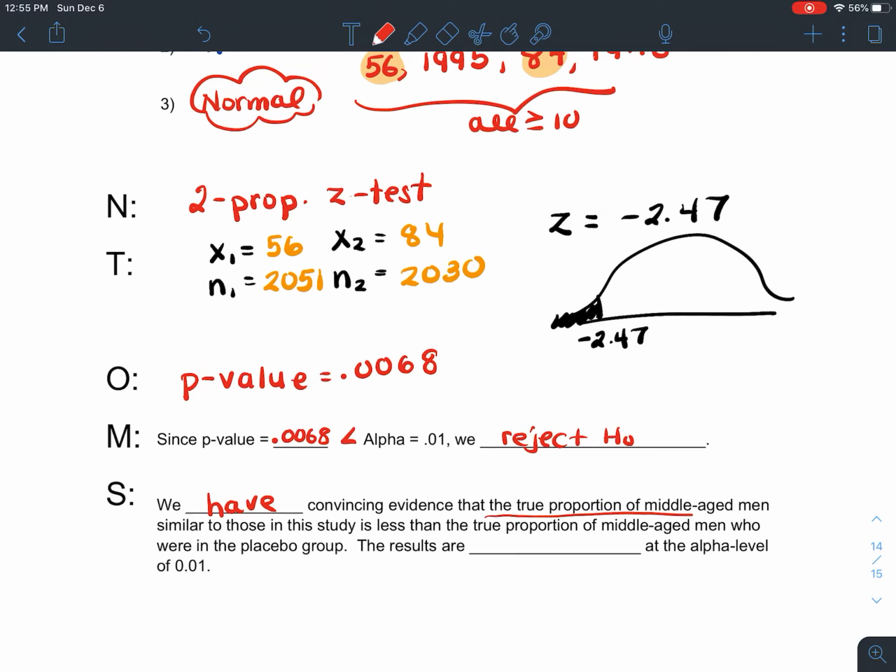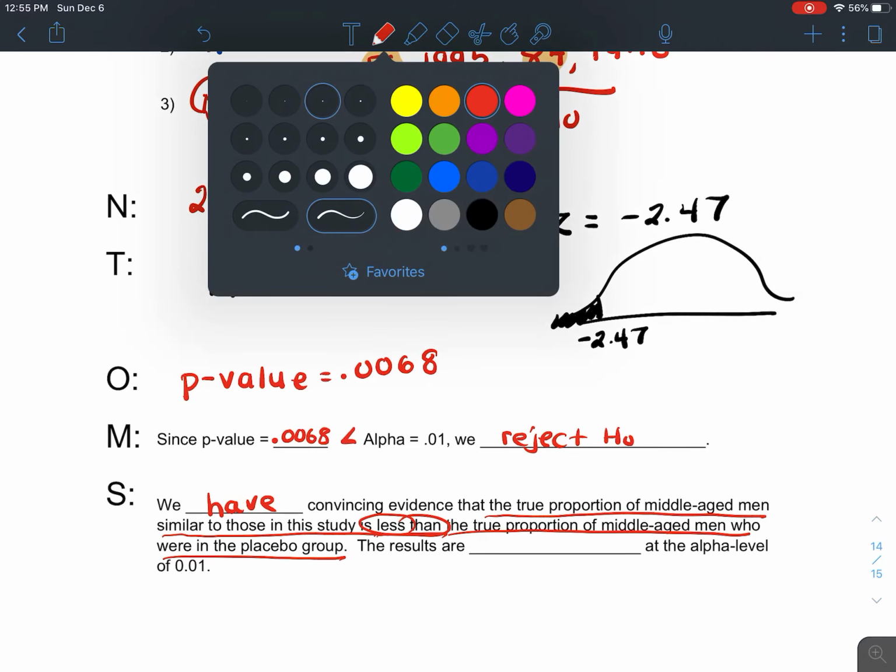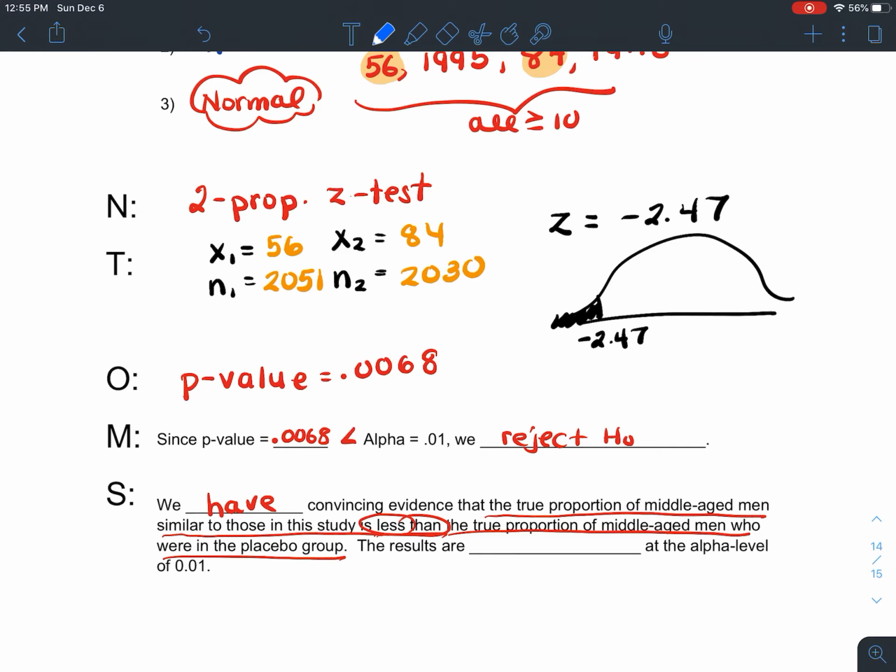So this means that we have convincing evidence that, remember this is stating in context our alternative hypothesis, that the true proportion of middle-aged men similar to those in this study is less than the true proportion of middle-aged men who were in the placebo group. Oh, I think I left something out here.